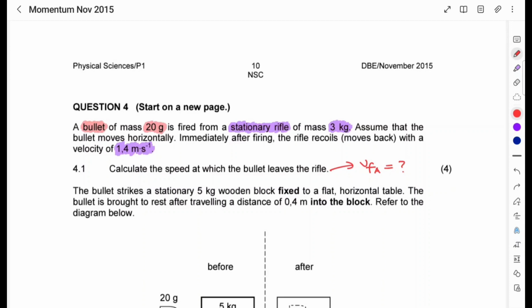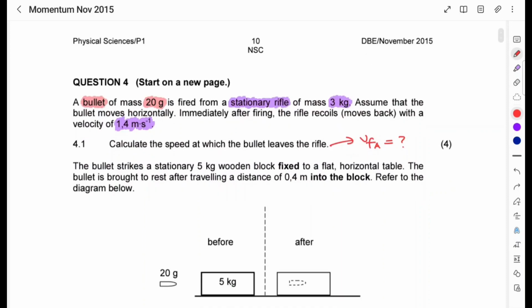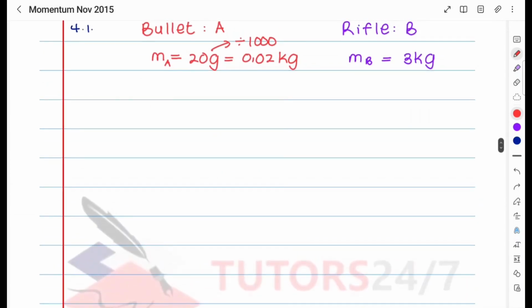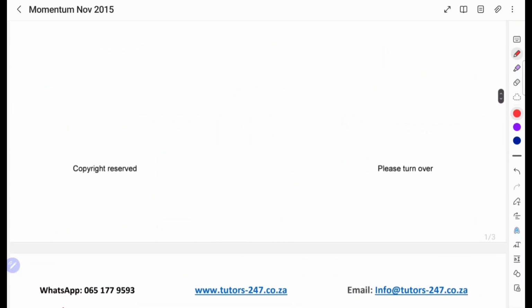Because the rifle was initially stationary, meaning it had a velocity of 0, and the bullet is inside of the rifle before it is fired, that means that the bullet will also have an initial velocity of 0. And we needed to find the final velocity of this bullet.